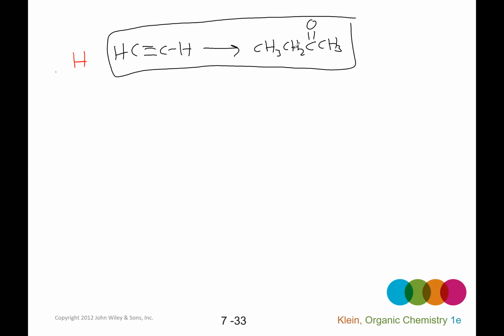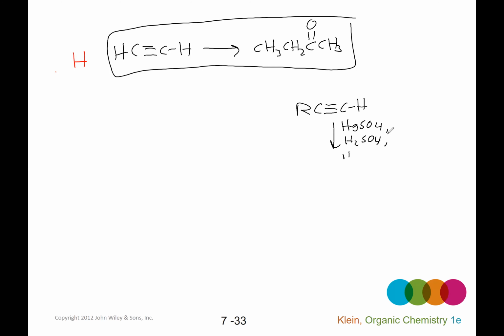But the other reaction I want to remind you of is this reaction. If you have a terminal alkyne, you need the mercury salt here. You've got this mercury salt as a catalyst. Then you have sulfuric acid in water.